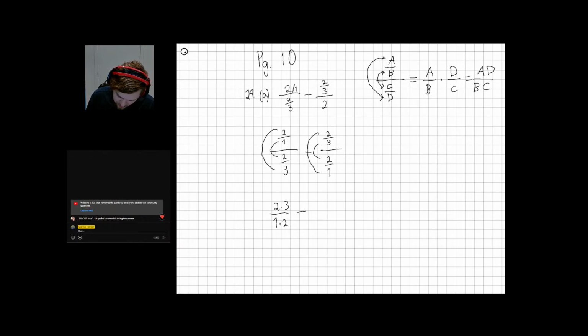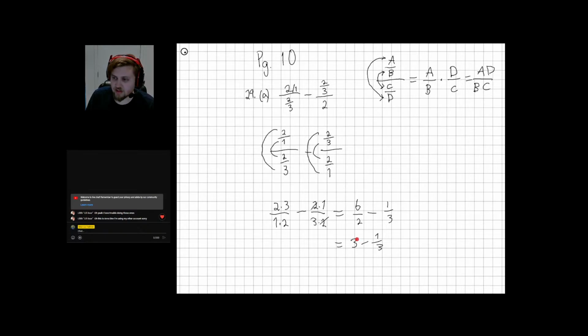So 2 times 1 over 3 times 2. Then this is just going to become 6 over 2, and the 2's cancel in the second term, and this is minus 1/3. But 6 over 2, that's just 3 minus 1/3. And 1/3 away from 3.